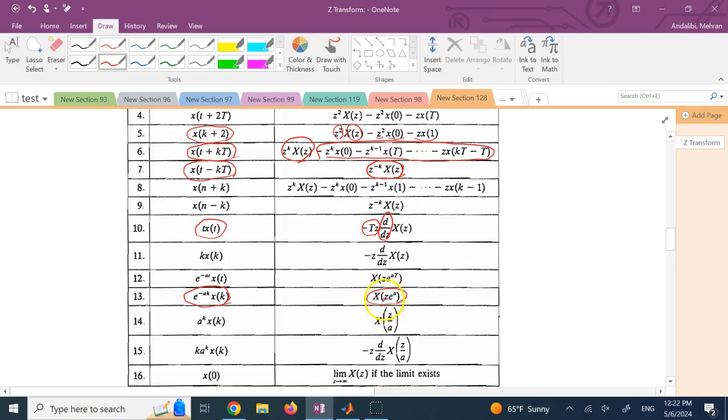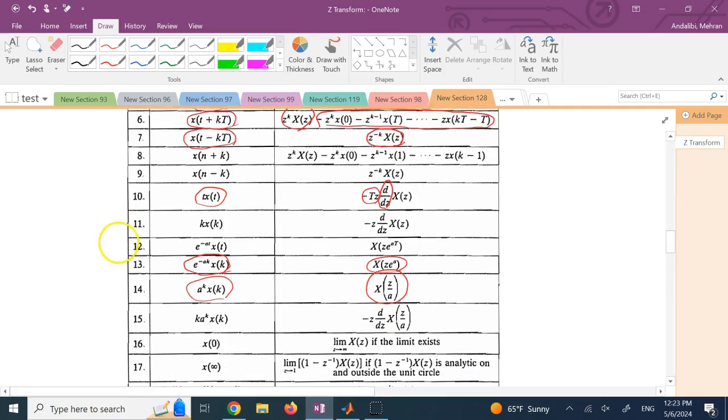Okay, so this is the scaling in the z domain. On the other hand, if you multiply the signal by a to the k, then you have to divide z by a. That's also a division in the z domain, right? And so on and so forth.